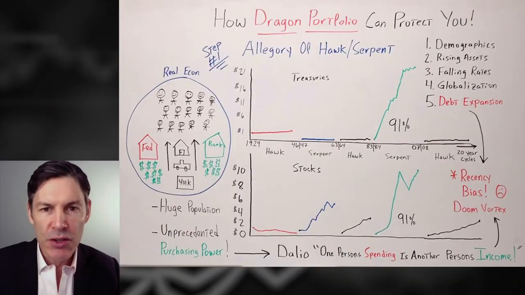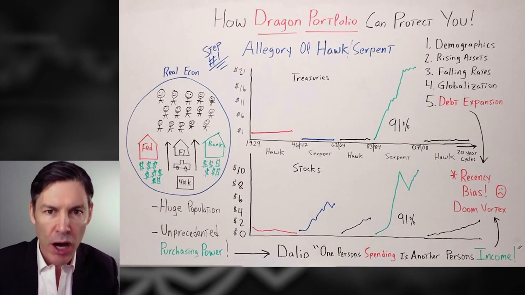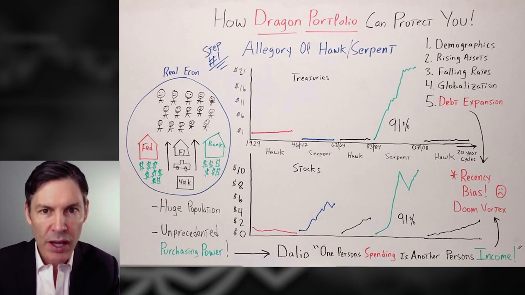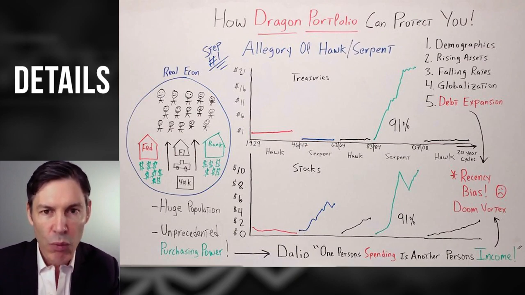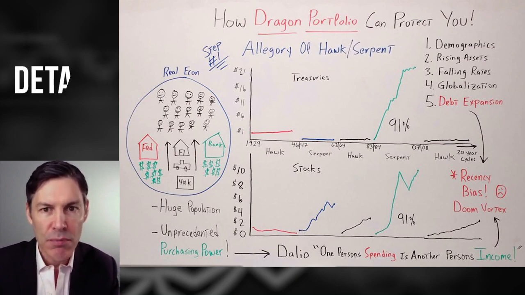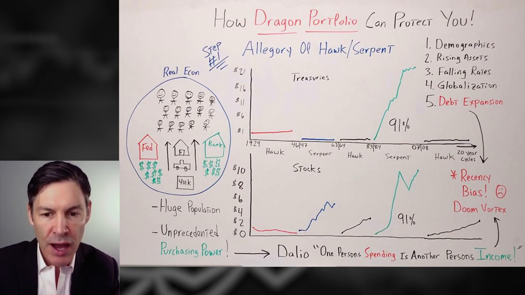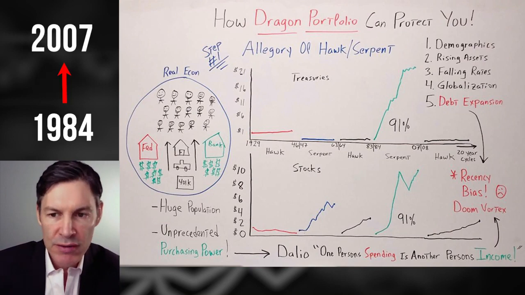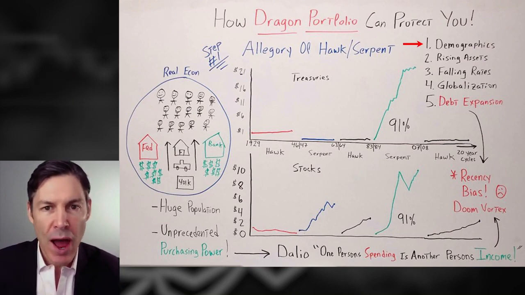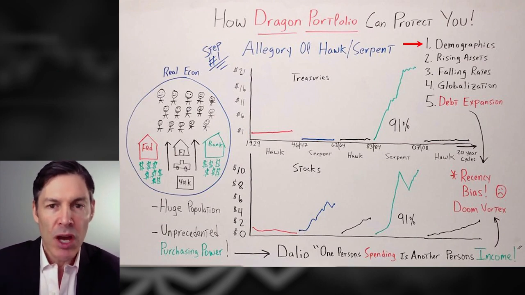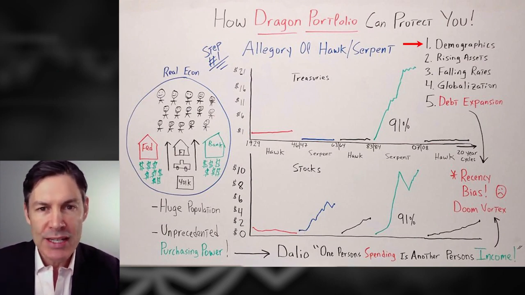Now that we understand the two cycles a little bit better, the hawk and the serpent, let's go into some details on what happened. How did we have such massive growth in the time frame between 1984 and 2007? It starts with demographics. We had a huge glut of the population. The baby boomers go into some of their peak spending years in the early 1980s.